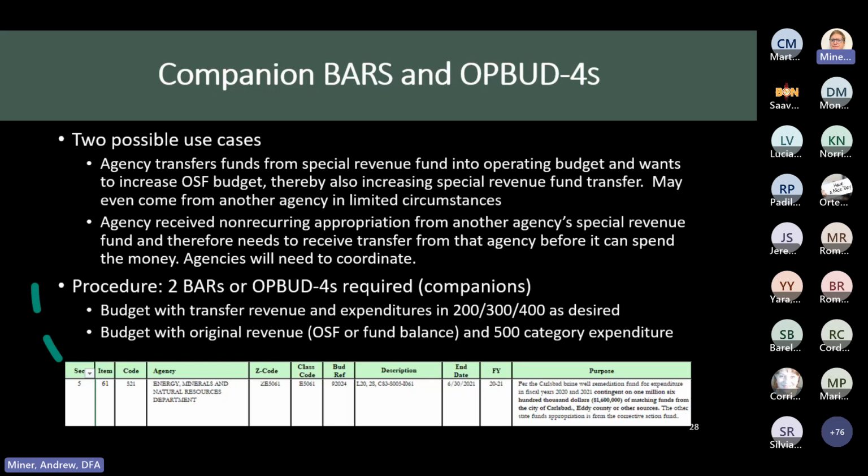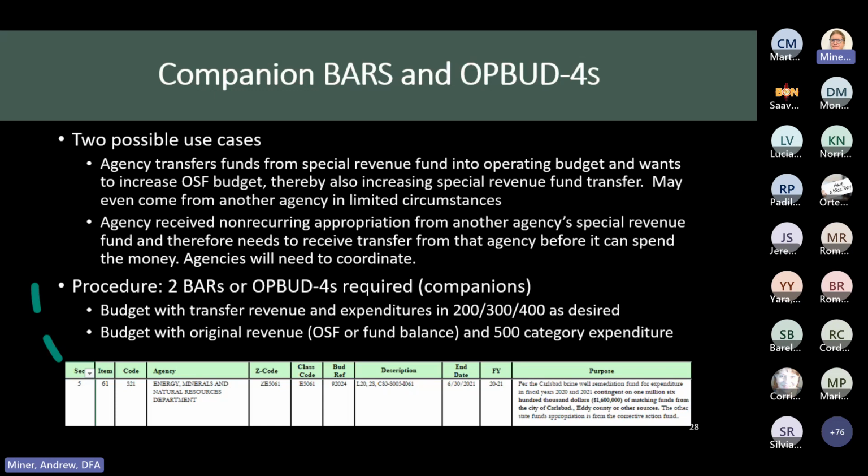So now let's talk about companions. This is a fairly complicated special case, and it doesn't apply to everybody, but it does pop up more often than you might think, especially for certain agencies. What are we talking about when we mean companions? There are two possible use cases for these.